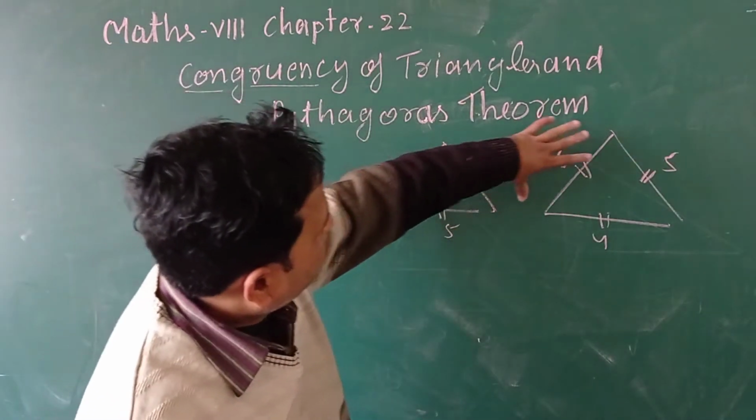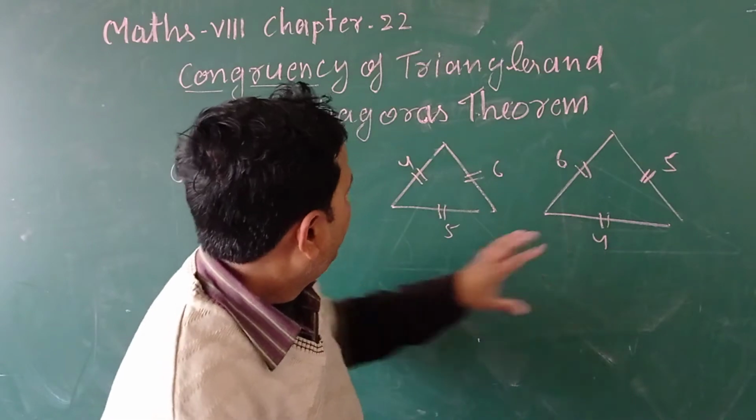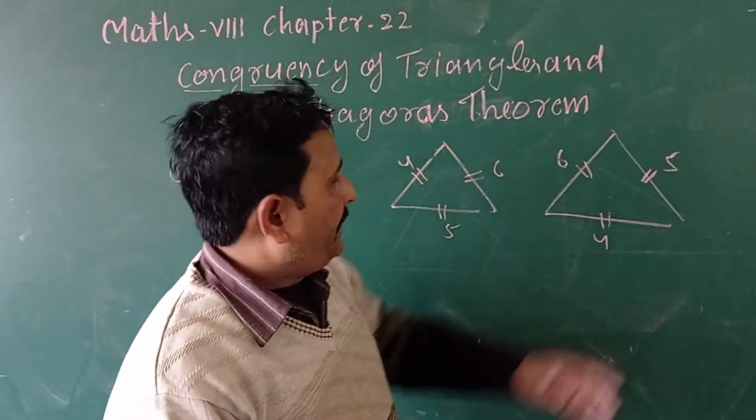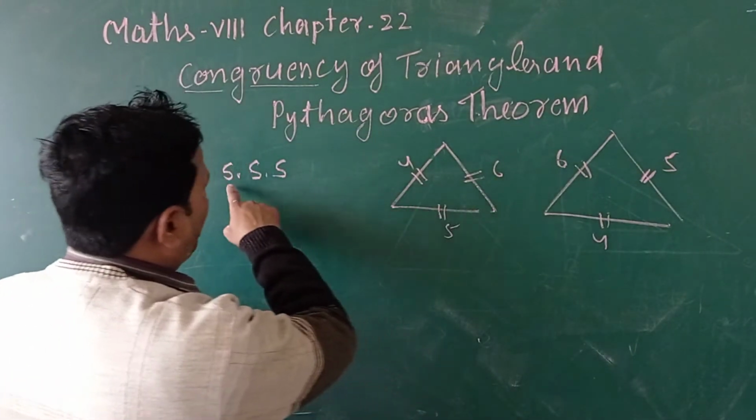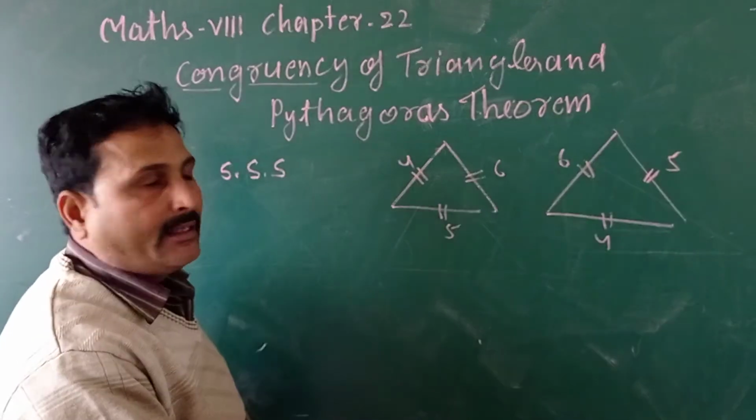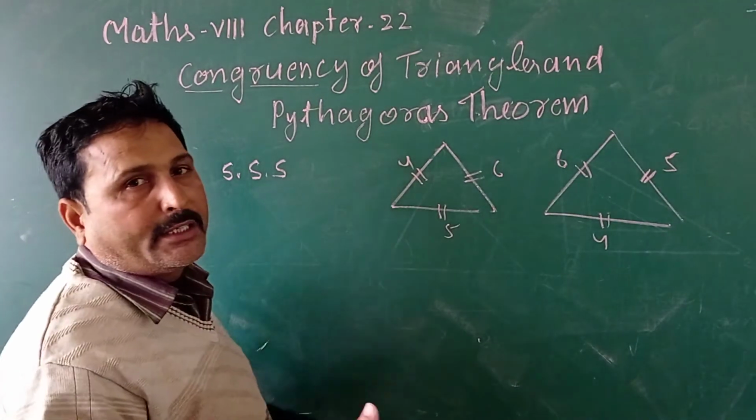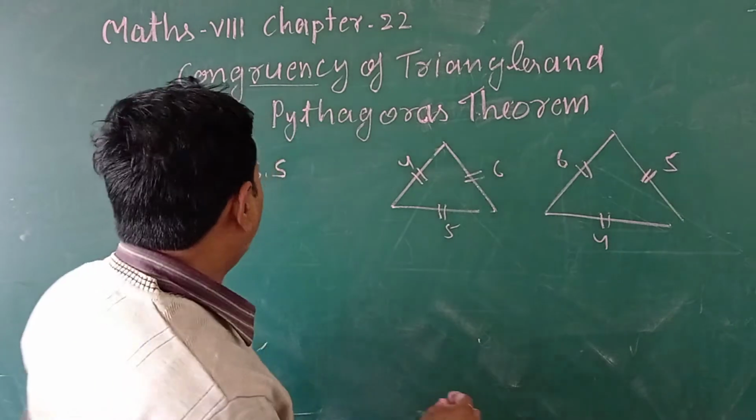Then both triangles will be congruent. If triangles are congruent, then the corresponding angles will also be equal.